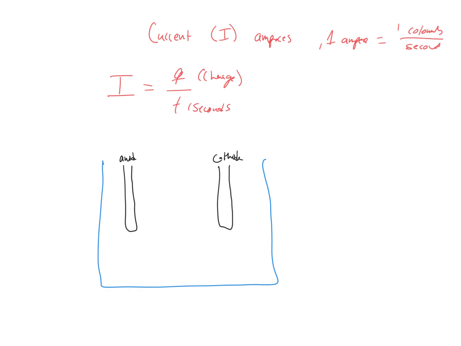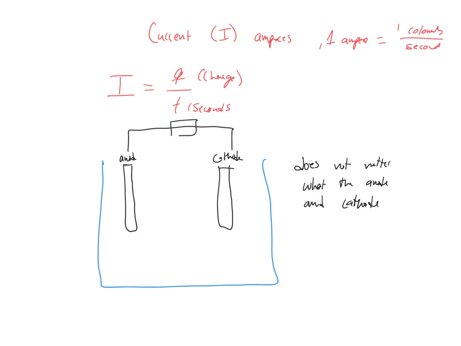And in general, it does not matter what the anode and cathode are. The reaction isn't actually dependent on that. These are connected by a wire, and over here you'll have a battery. Electrons, of course, will flow from the anode to the cathode, just like in a voltaic cell.